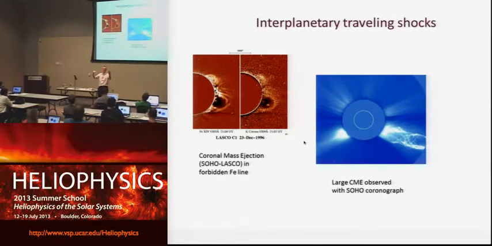Sometimes you can have just a difference in flow speeds. So interplanetary shocks are shocks caused by sudden changes in the solar wind speed. If you have a region of slow solar wind and then behind it a region of fast solar wind, the fast solar wind plows into the slow solar wind, and that interaction causes shock waves.